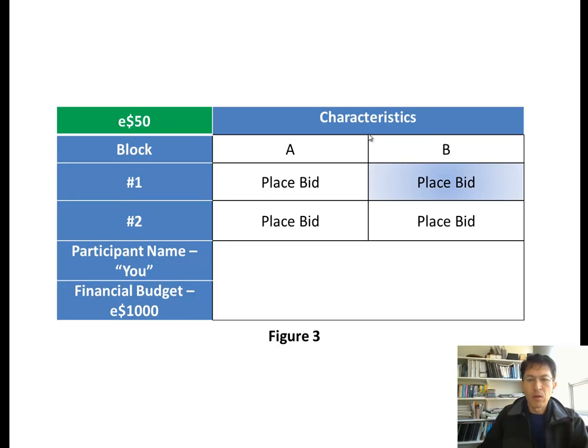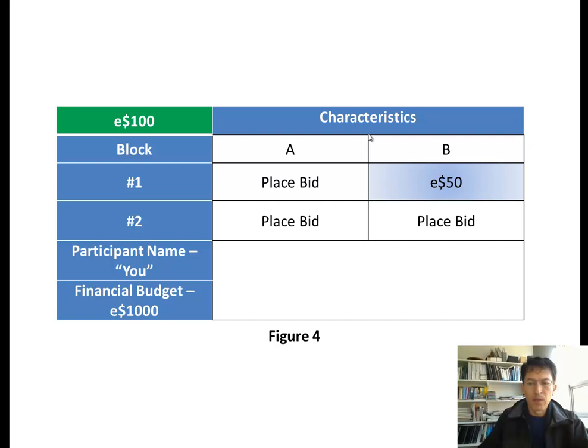Figure 3 below reflects your decision to refrain from placing a bid for block number 1, characteristic B, when the price of the block reached $50. To assist you in remembering the highest bid you placed in the auction for a block and its associated characteristic, the activated Place Bid button will display the highest bid you placed on the block following the next increase in price.